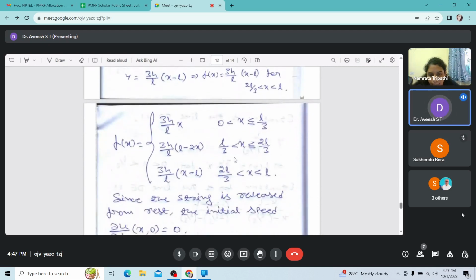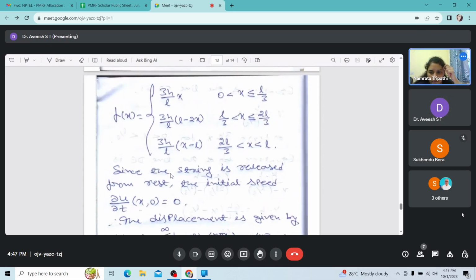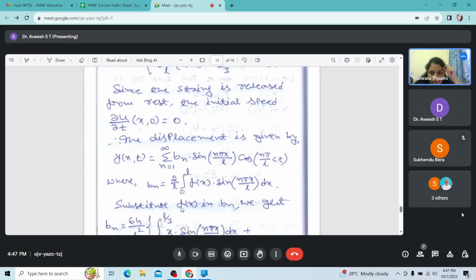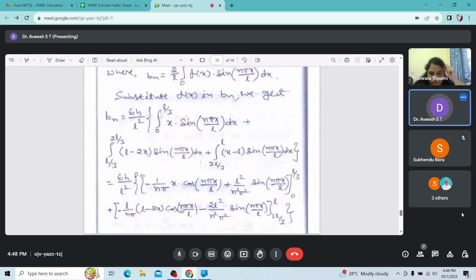Then the function f of x is defined over 0 to L by 3, L by 3 to 2L by 3, and 2L by 3 to L. Since the string is released from rest, this will become the initial condition for speed. For the expression for Bn, we directly considered the expression y of x, t and b_n and substituted, ma'am.